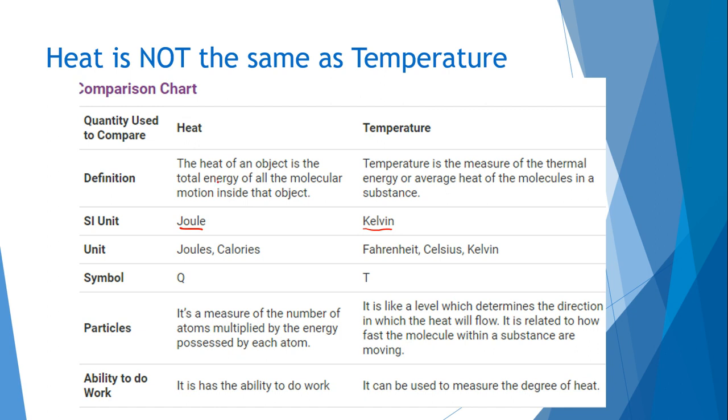Heat of an object is the total energy of all the molecules inside it, but temperature's definition is a little bit different. This is actually going to be the average heat, so not all of it. I like this little image because it does show all the comparisons between the terms heat and the term of temperature.